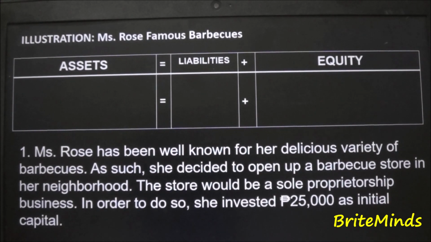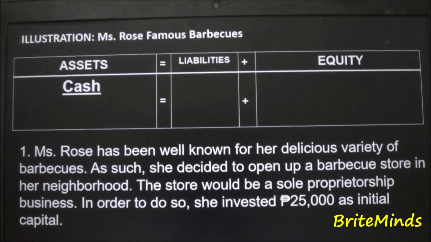The left side of the accounting equation is assets, so it will be the asset account, particularly the cash, 25,000 pesos.